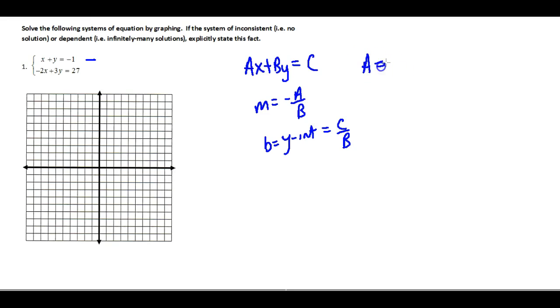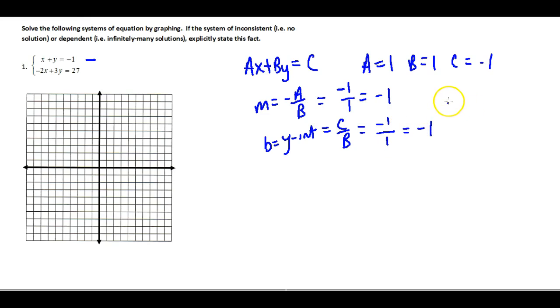Okay, so let's go ahead and write that. A is 1, b is 1, c is -1. So our slope here would be -1 divided by 1, which is -1. And our y-intercept will be c over b, which is -1 divided by 1, which is -1.